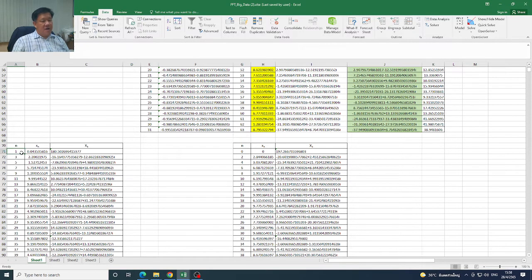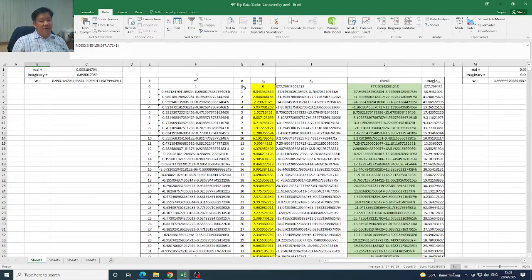But actually, this odd value of N is the even order. You can see that this is the even order, because N starts from 0. When N starts from 0, the order according to the N value belongs to the even order for the series.